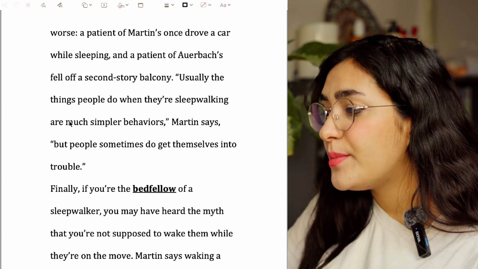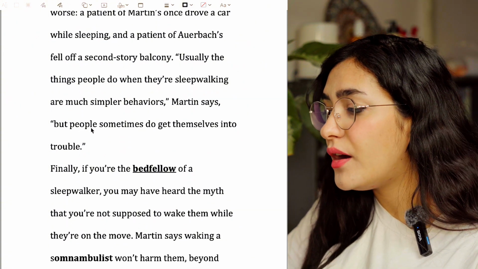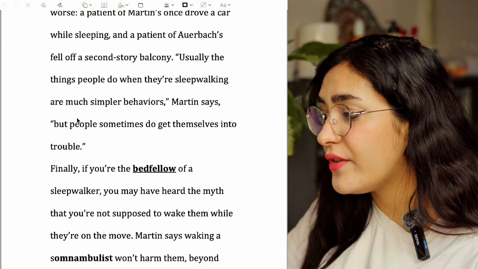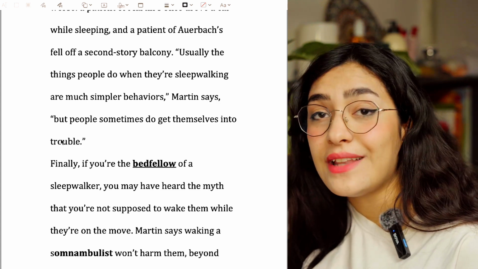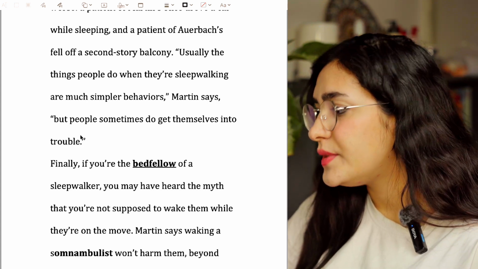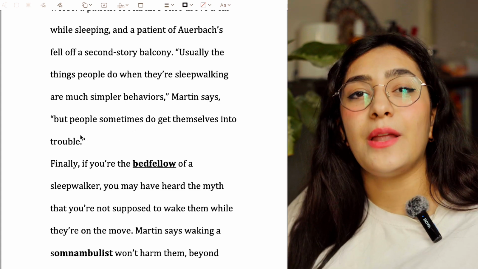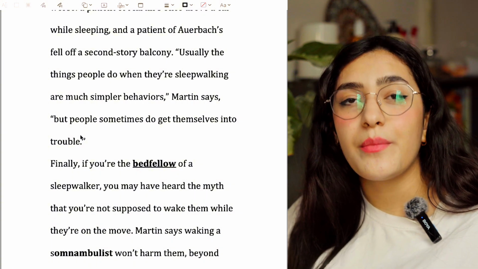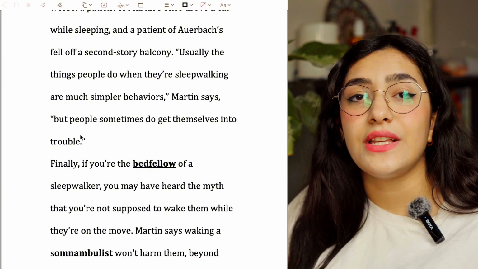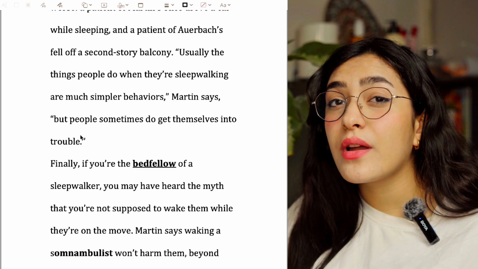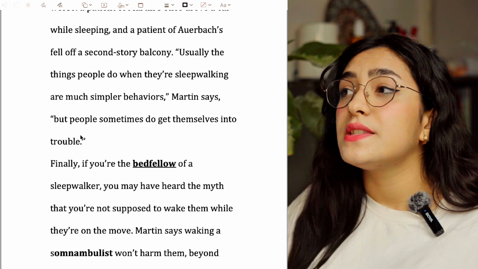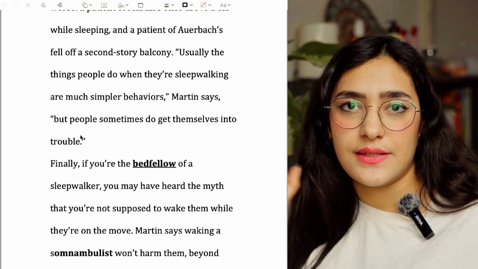Usually the things people do when they're sleepwalking are much simpler behaviors, Martin says. People sometimes do get themselves into trouble. So Martin is saying that people do simpler behaviors and activities while sleepwalking, but sometimes they do more complex, more complicated things.